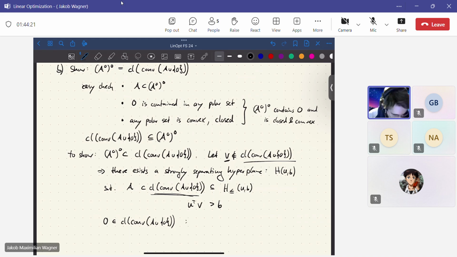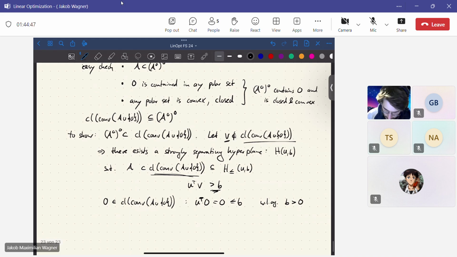So we get that U transpose 0, which is 0, is less or equal than B. And because we have here a strict inequality, we can choose without loss of generality B to be greater than 0.